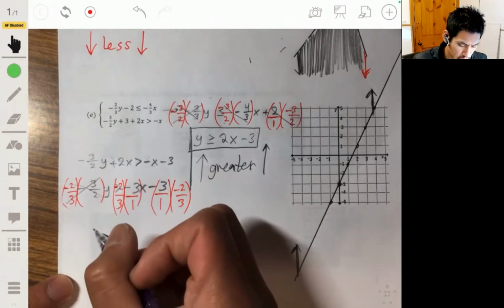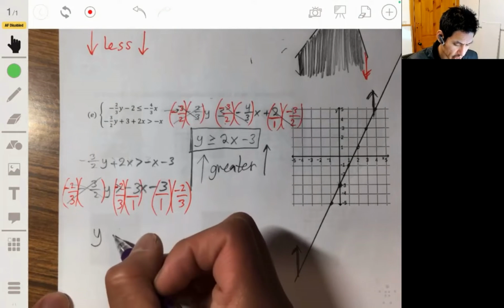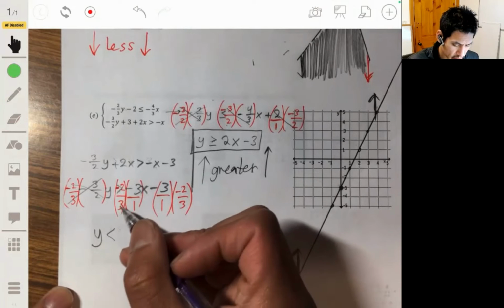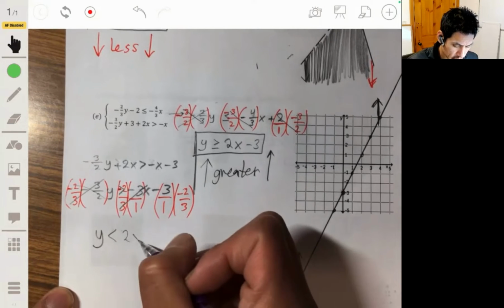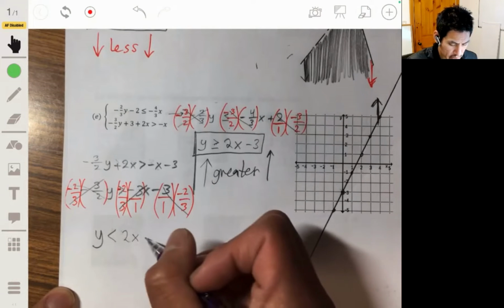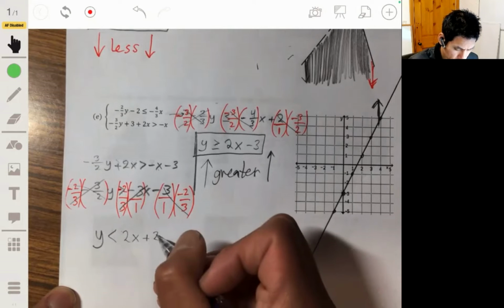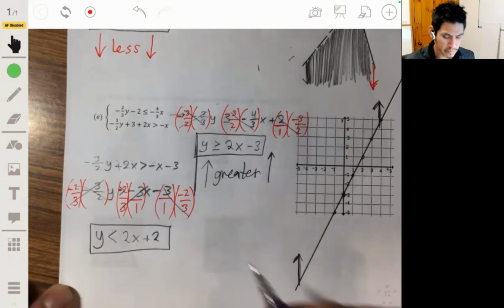These cancel. You get y is, we're going to switch the direction. So y is less than. These 3's cancel, and we just get a positive 2x. These 3's cancel, and we get a positive 2. So y is less than 2x plus 2.